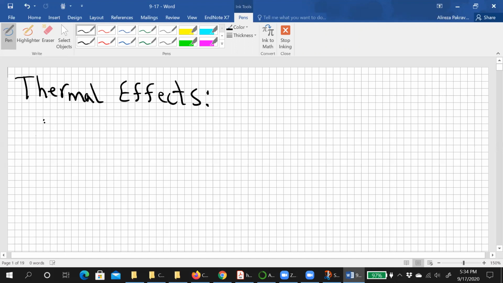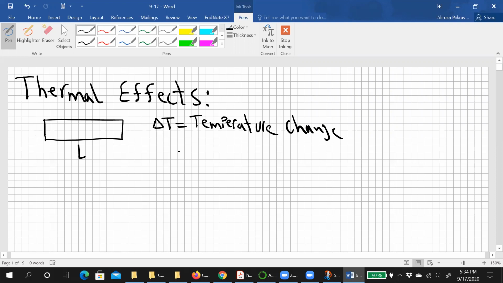For example, if you have something like this, it has a length L, and delta T is the temperature change, and alpha is the coefficient of thermal expansion, right?